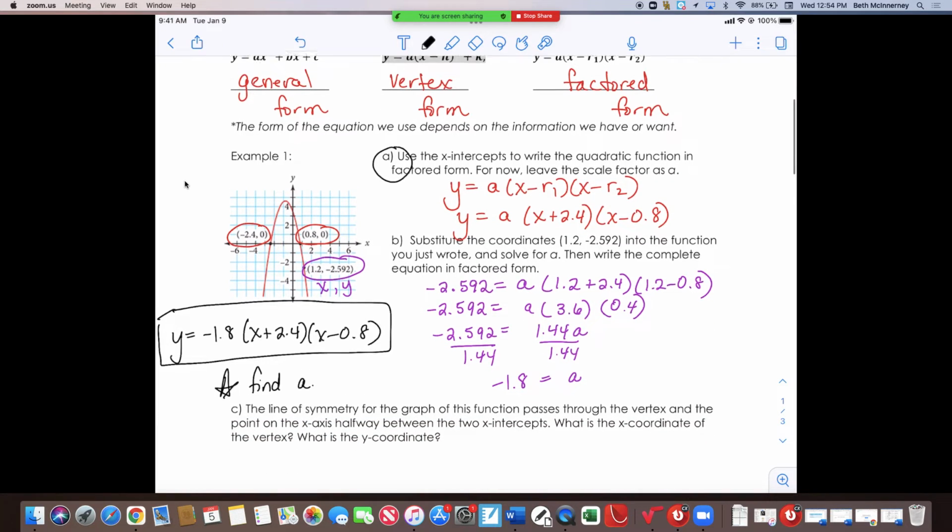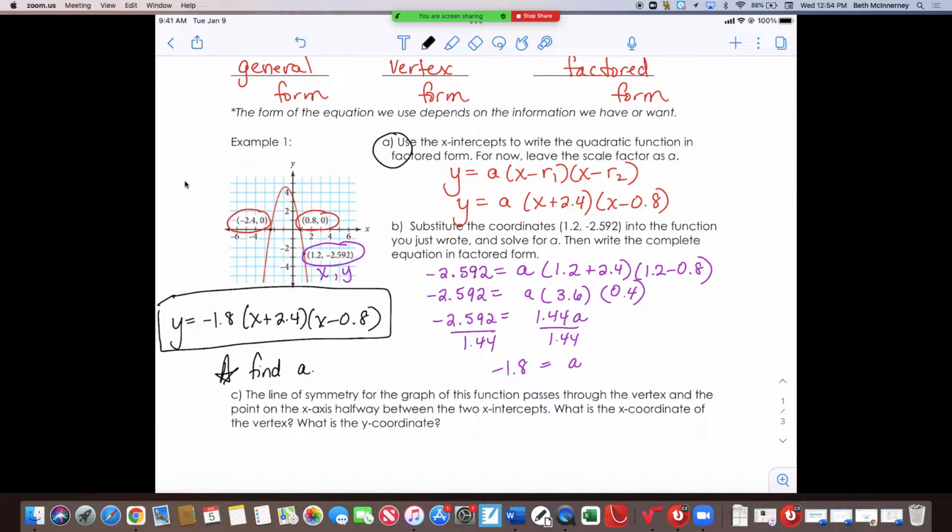Now the line of symmetry for the graph passes through the vertex and the point on the x-axis halfway between the two x-intercepts. So here's the deal. Do you remember, and I have it up on that back marker board, the axis of symmetry splits the graph in half.